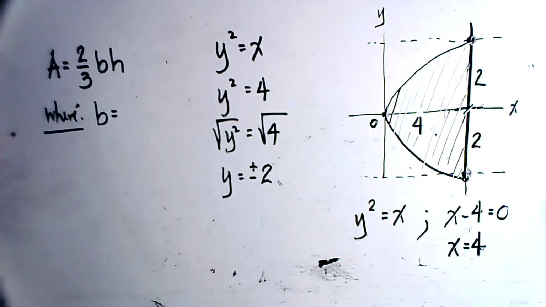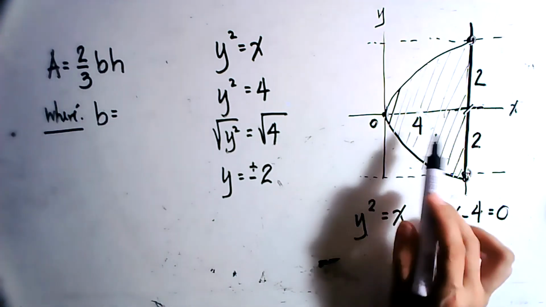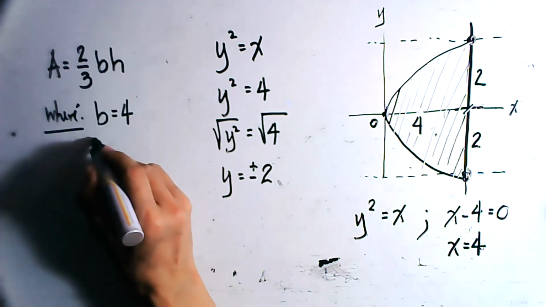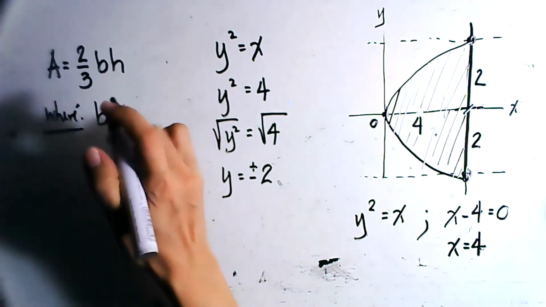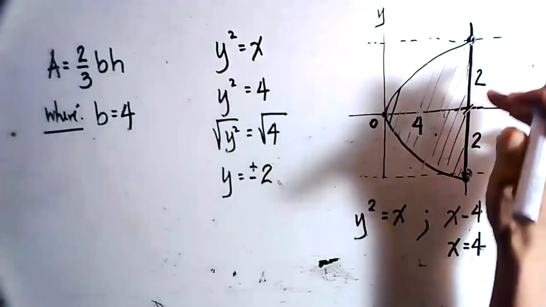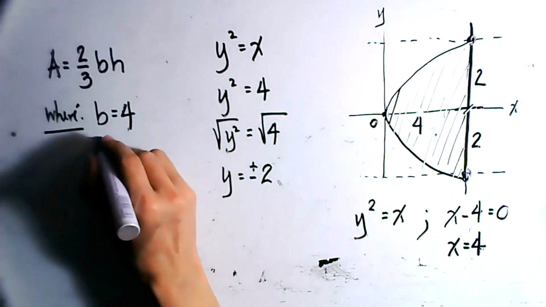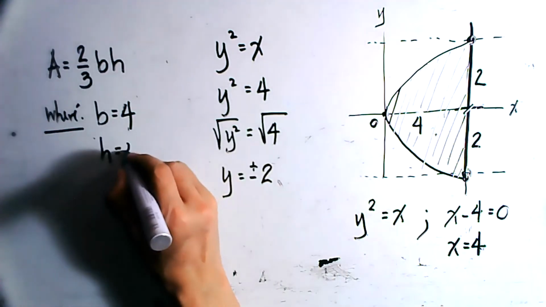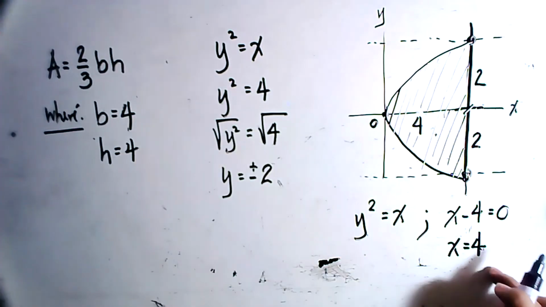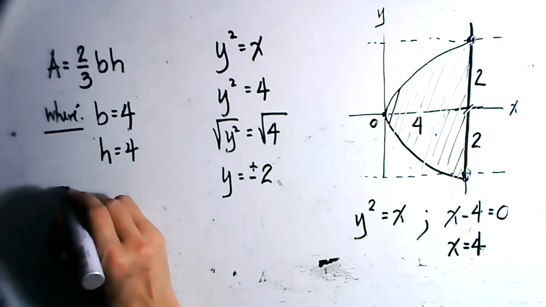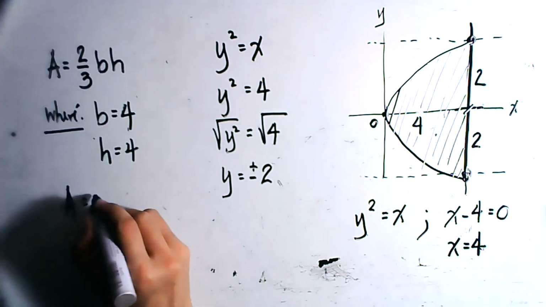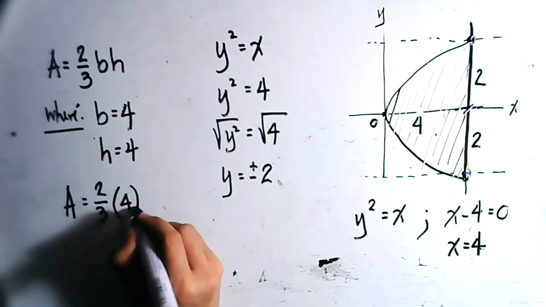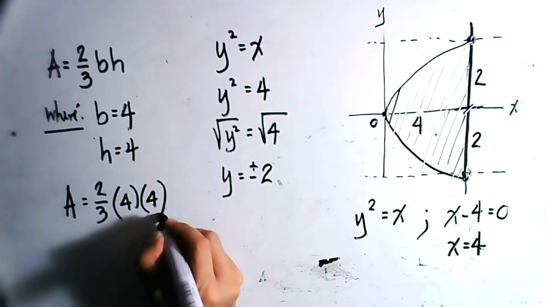So that means the value for b here will be equals to 4, because we have 2 plus 2. And then the value of h here will be equals to 4 because x is equals to 4. So that means area will be equals to 2/3 times 4 times 4.